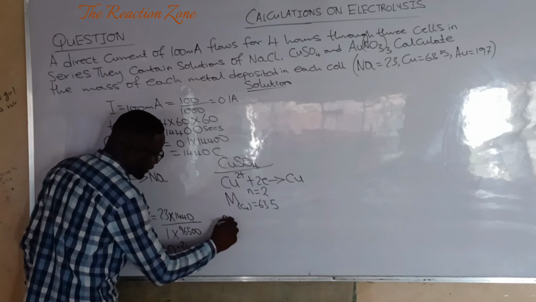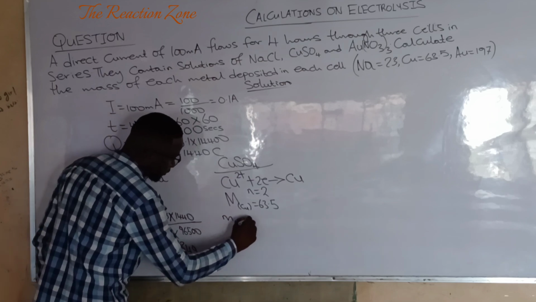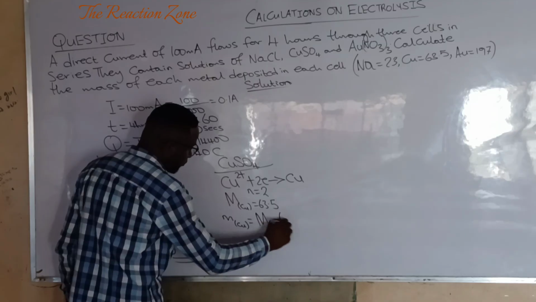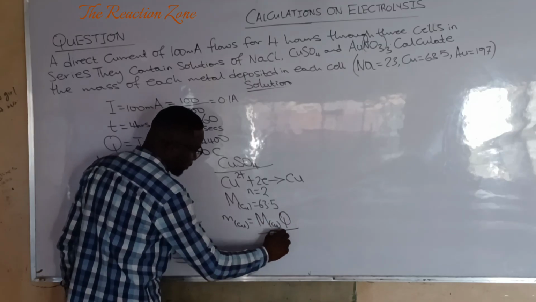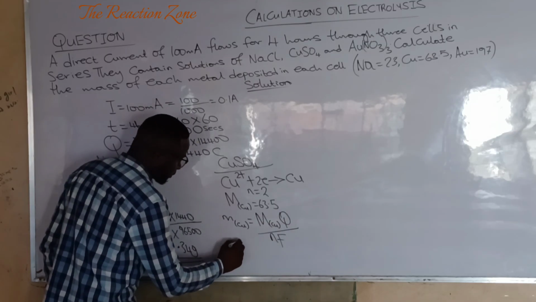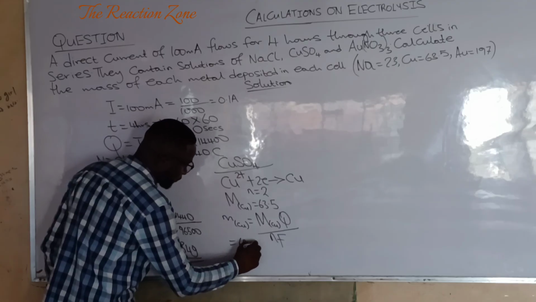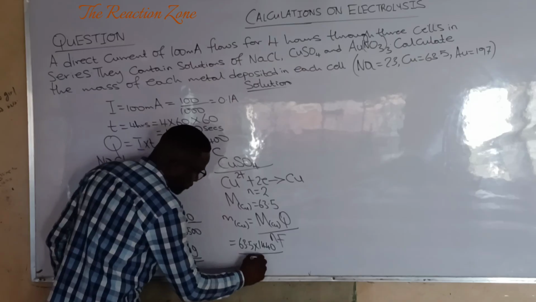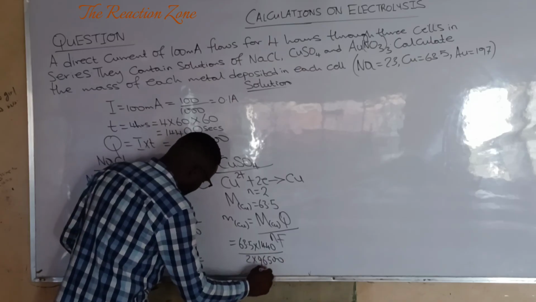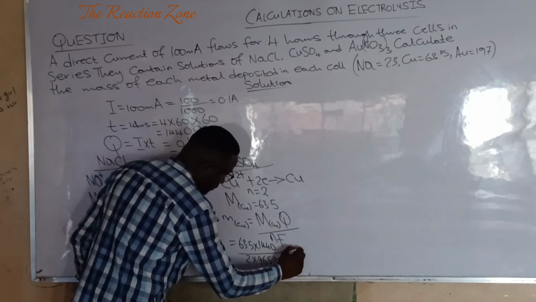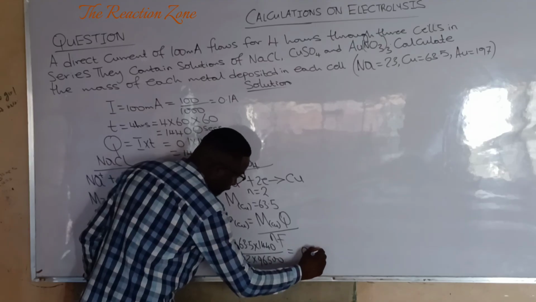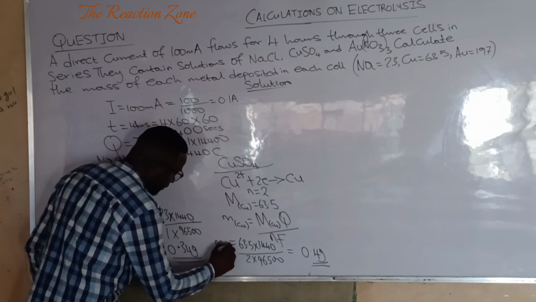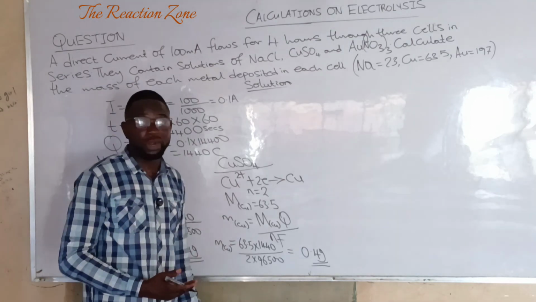So the mass of copper that is deposited is simply going to be the atomic mass of copper multiplied by the quantity of charge over nF. And this is simply going to be 63.5 times 1440 divided by 2 times 96,500. And this is going to give 0.4 grams. So the mass of copper that is deposited is 0.4 grams.